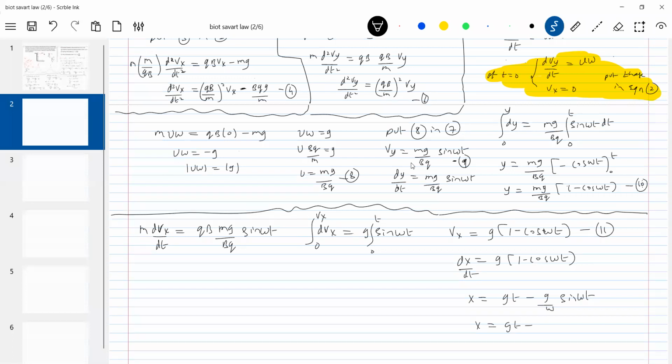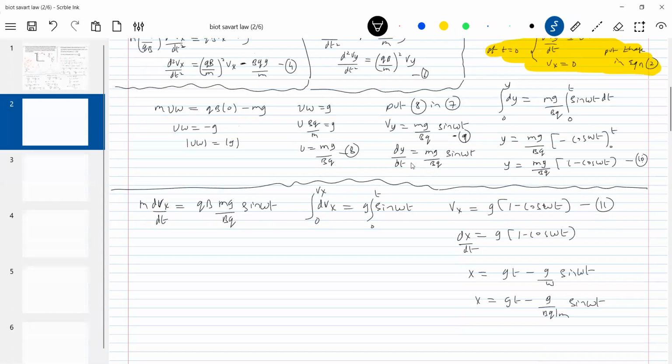What you can write it as? Let it be that much only. Or omega is BQ by M. So finally, the equation will be gt minus mg by bq sine omega t. So this is equation 10, 11, 12. So comparing x and y, it's a cycloidal equation. Okay, I'll put in order.